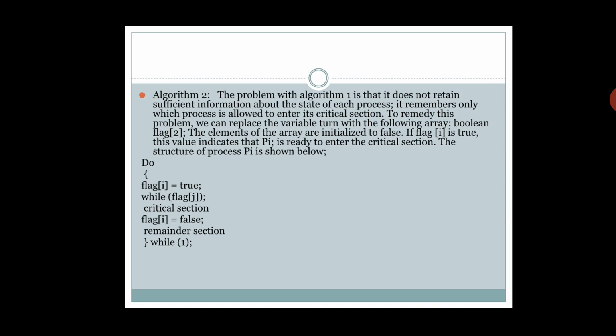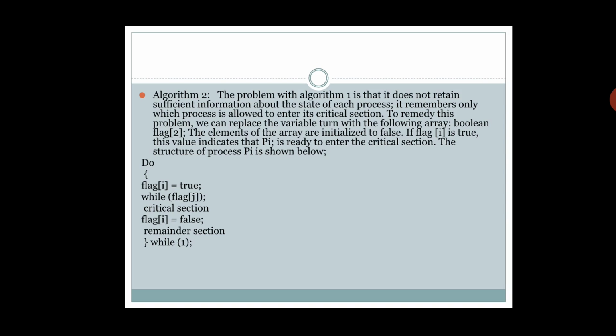The elements of the array are initialized to false. If flag of i is true, this value indicates that Pi is ready to enter the critical section. So flag of i may be flag of 0 or flag of 1, because there are a total of 2 boolean variables, isn't it? So it can be true or false. If it is true, then that process is allowed into the critical section. If it is not true, then definitely it is not allowed.